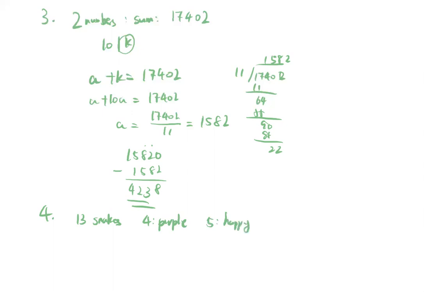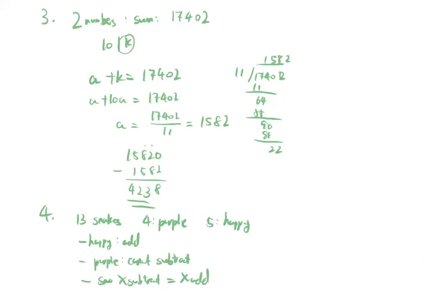So there are 3 conditions. The happy snakes can add. The purple snakes cannot subtract. And the snakes that cannot subtract also cannot add.